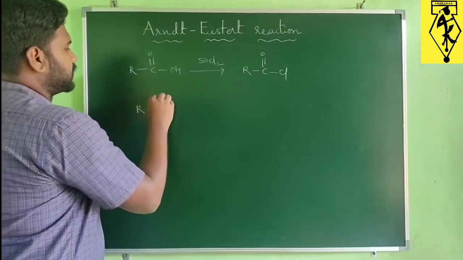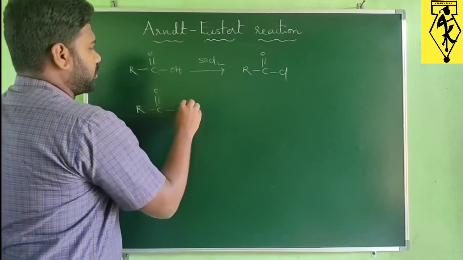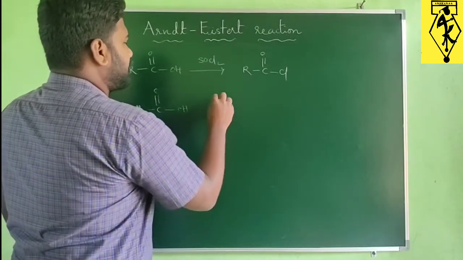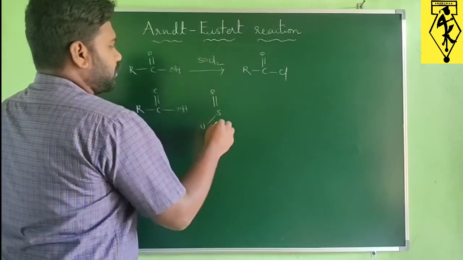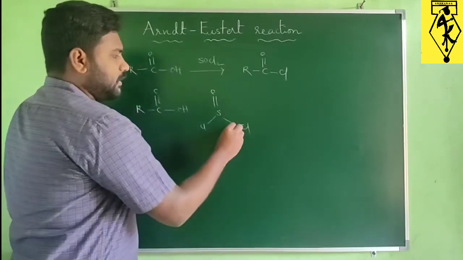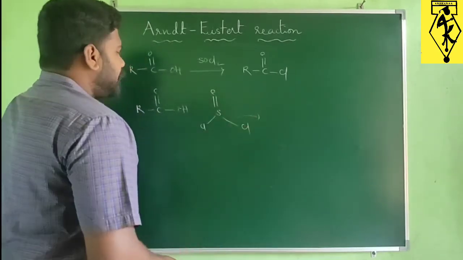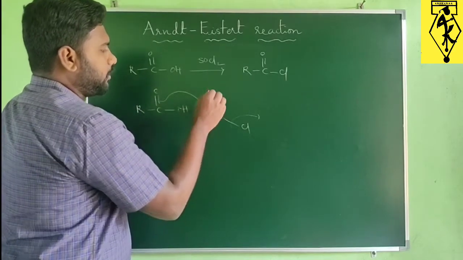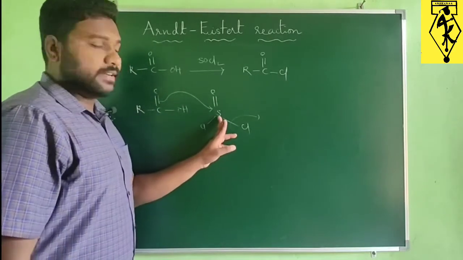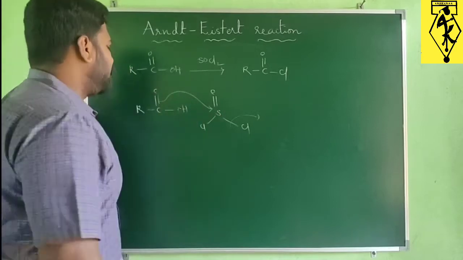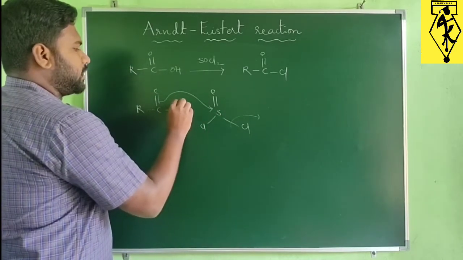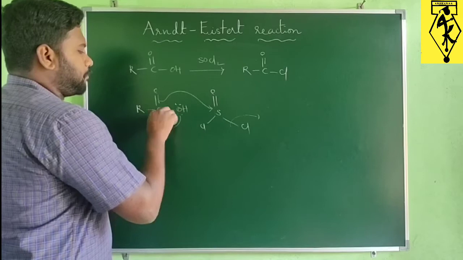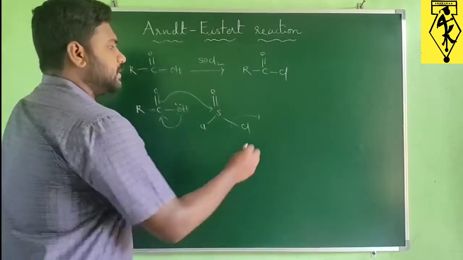So the carboxylic acid is there and this thionyl chloride is there. First the Cl is eliminated here, and next this oxygen is going to form a bond with sulfur, and here delocalization of pi electrons of oxygen takes place.